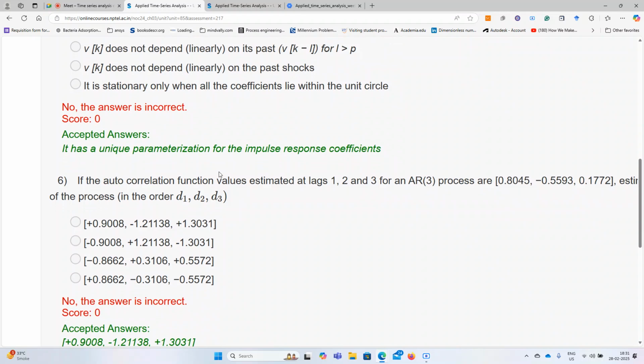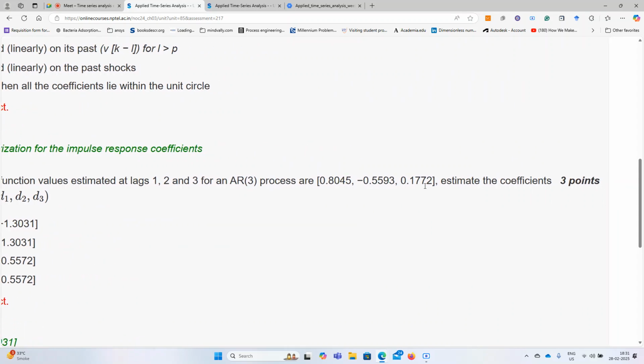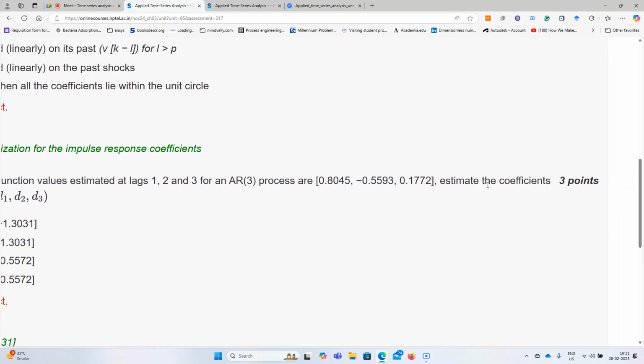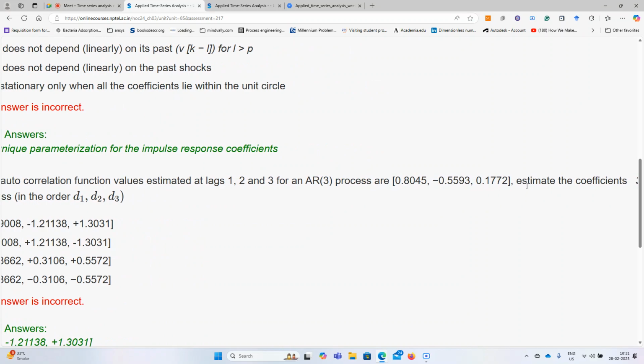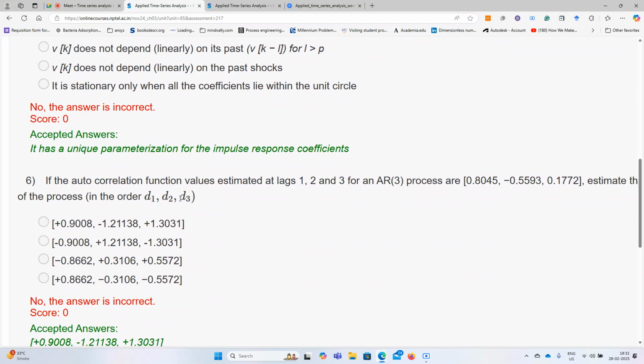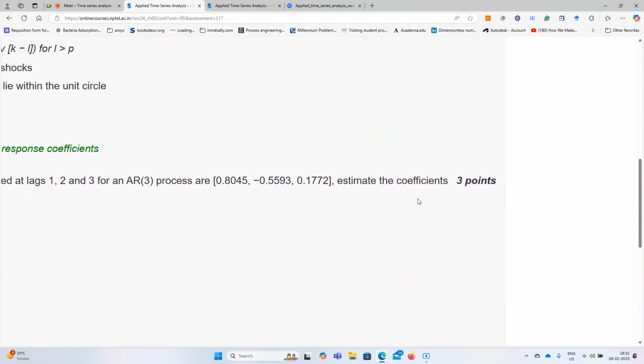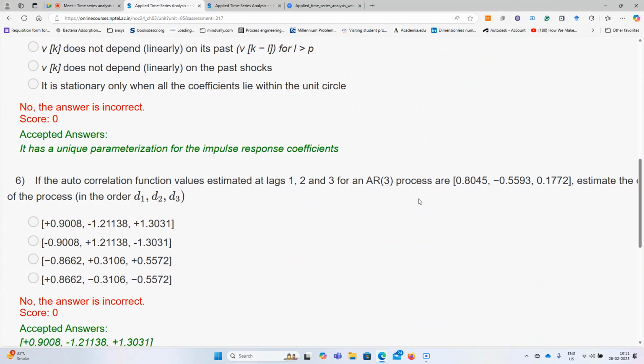If the autocorrelation function values estimated at lag 1, 2, and 3 for an AR process, these are estimate coefficients of the process in order D1, D2, D3. So you have to estimate the coefficients in order of D1, D2, D3.